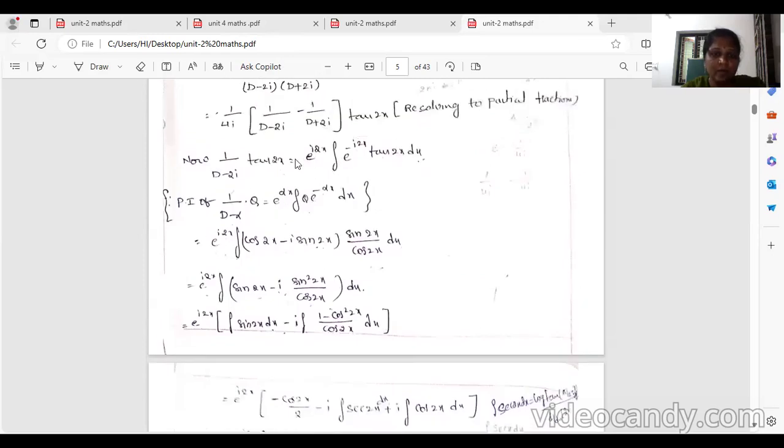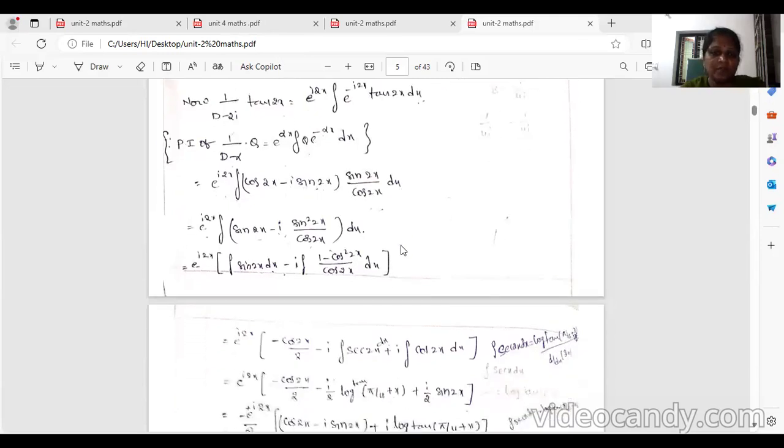e power i theta equal to cos theta plus i sin theta, and e power minus i theta equal to cos theta minus i sin theta. So here e power minus i2x means cos 2x minus i sin 2x, and tan 2x means sin 2x by cos 2x, into dx.